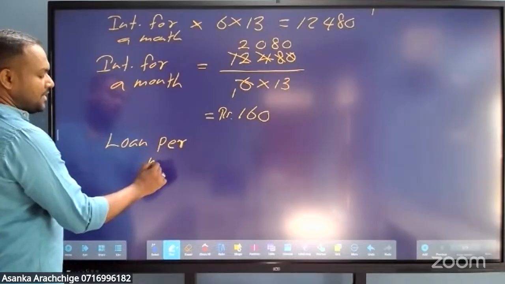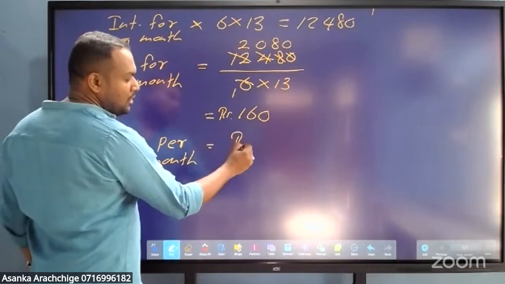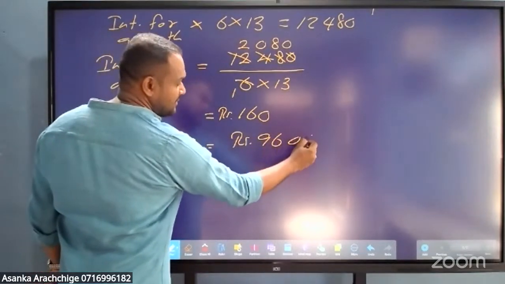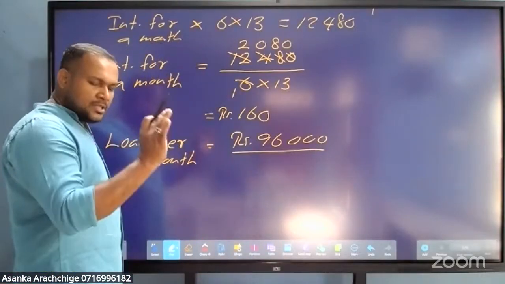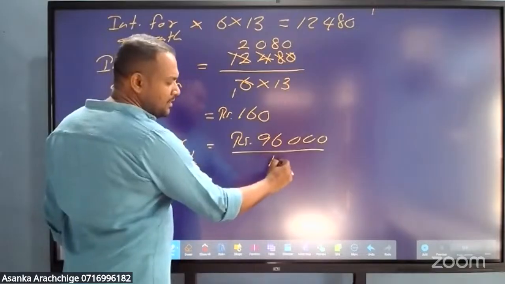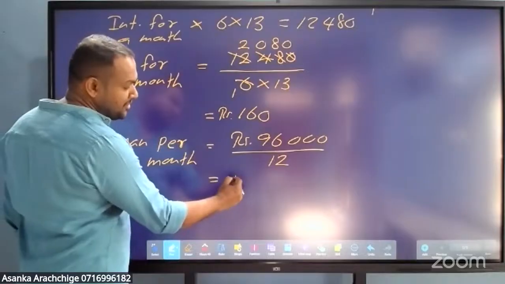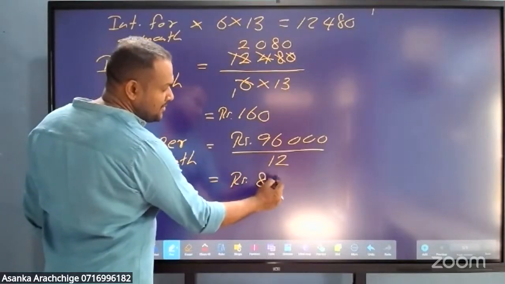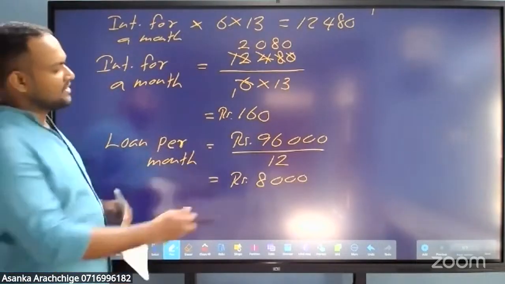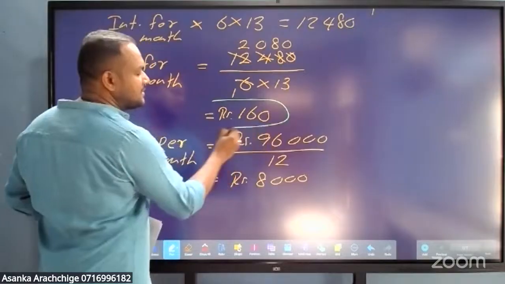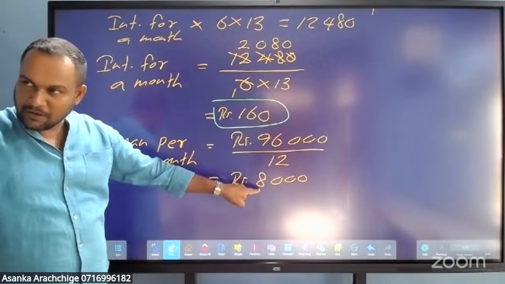The total loan amount is 96,000 rupees without interest, then the loan per month without interest is 96,000 rupees division 12, which is exactly 8,000 rupees. Clear? Then you know that this interest has been charged upon this monthly loan amount.